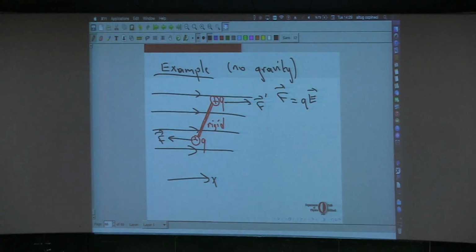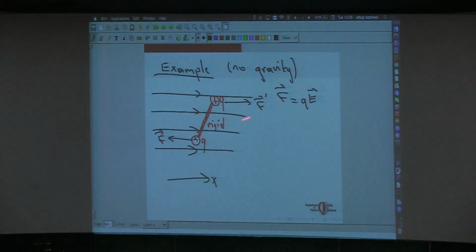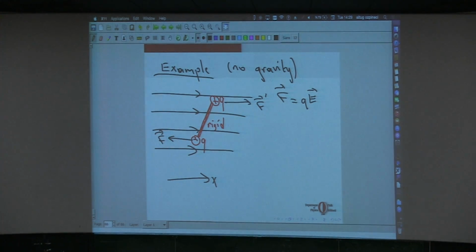And since the magnitudes of the electric field at the position of the negative charge and at the position of the positive charge are identical, these two forces have the same magnitude, but they are pointing in opposite directions. So the net force is still zero.